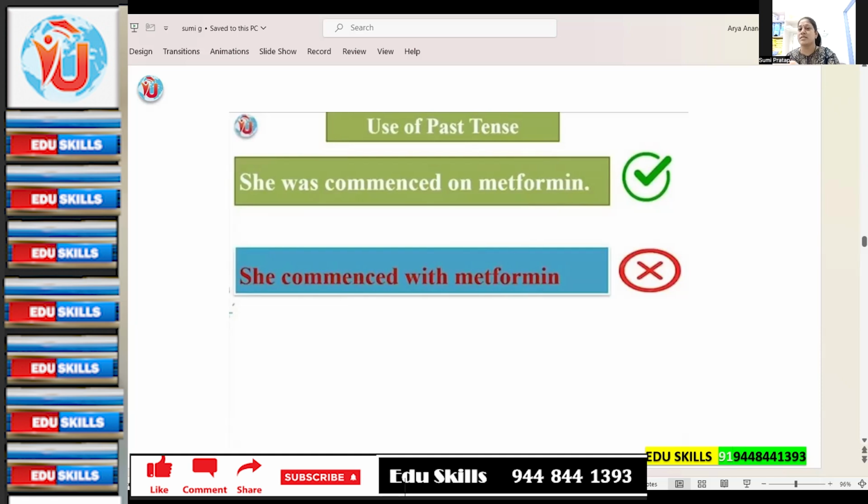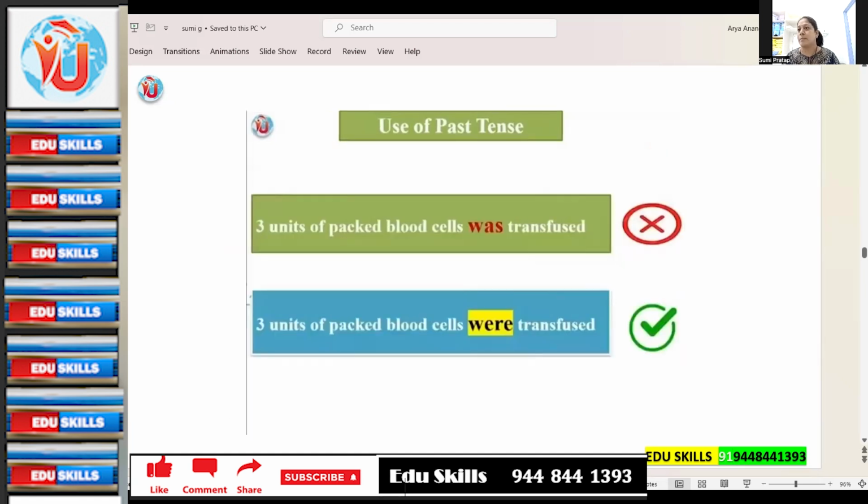And here there is no was also. We should know where to use the passive voice and where to use the active voice. This will take a little bit longer, so today we will go through the tenses only, these four tenses. So: she was commenced on metformin.